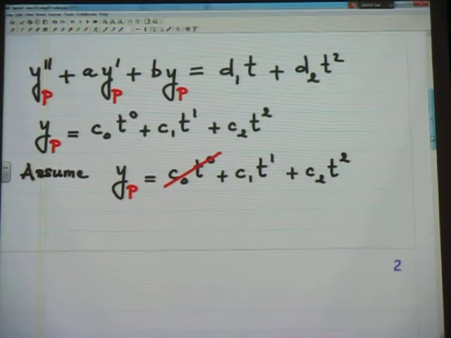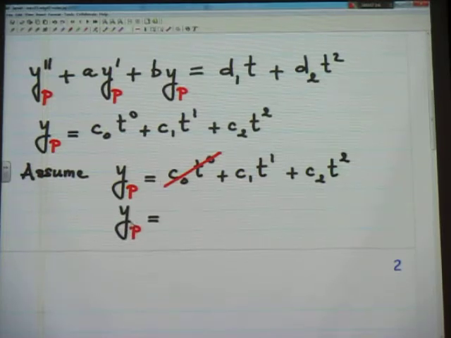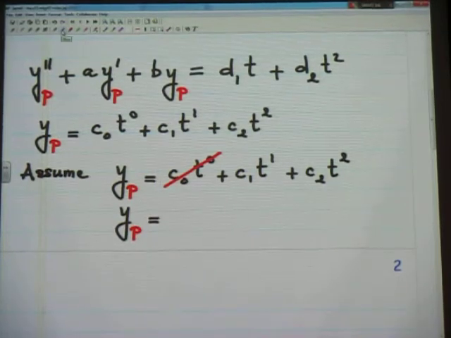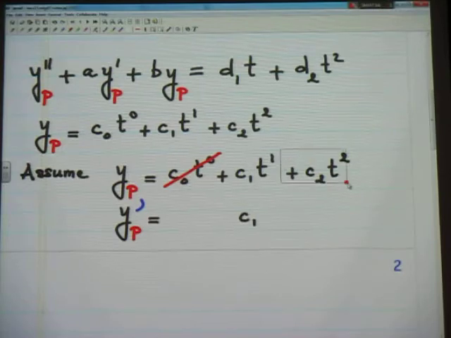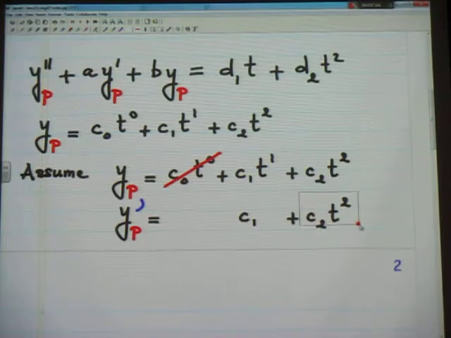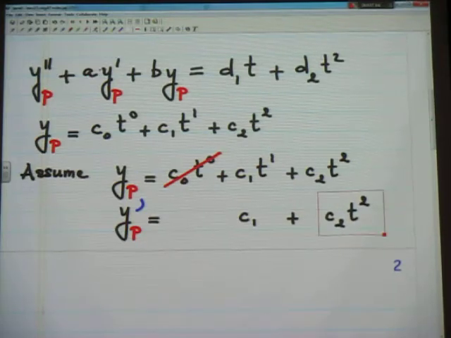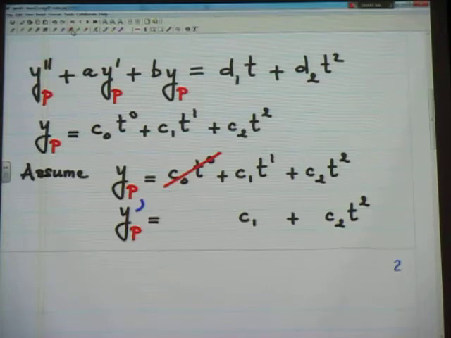So if YP is equal to C1 t plus C2 t squared, then YP prime would be, and now let me use this color here so that one can see clearly, C1, right? And let me write over here so that you can see the parallelism, plus 2C2 t.